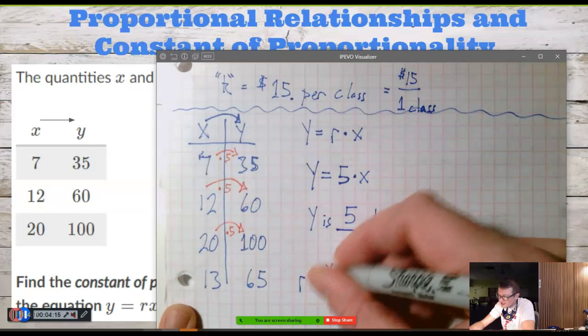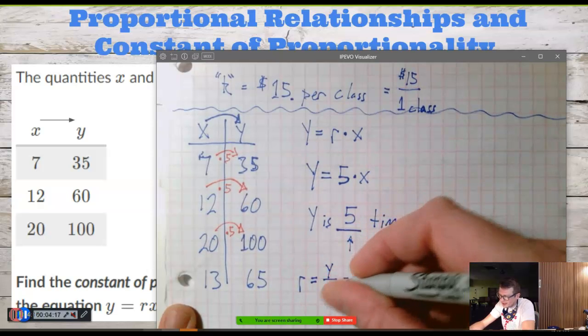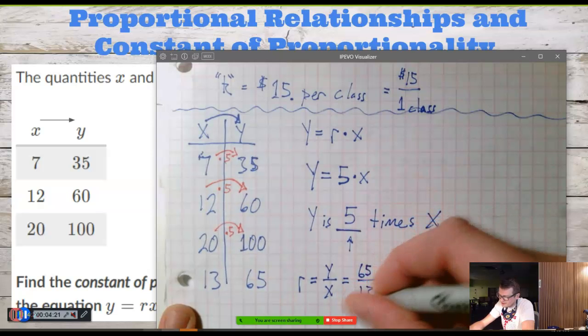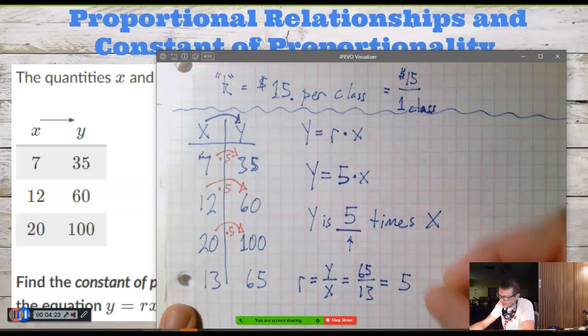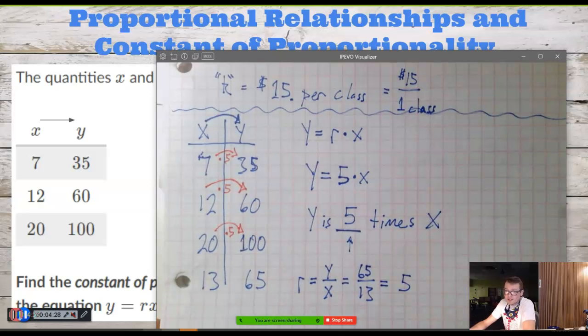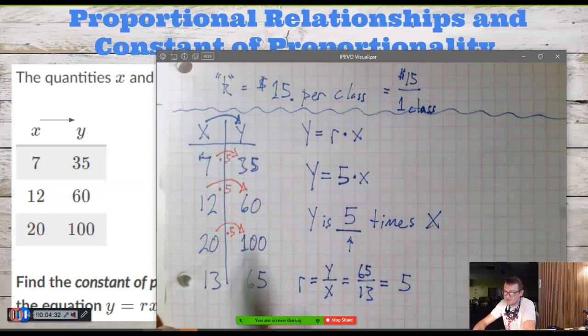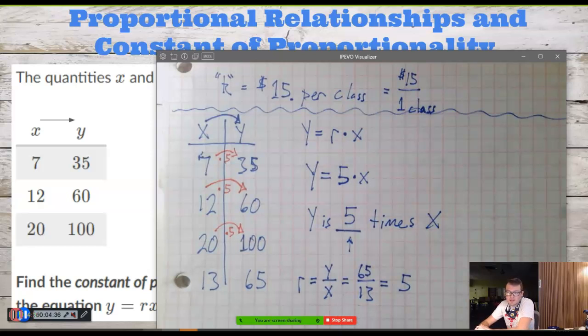Yeah, we can just divide the Y by the X. So if we did 65 divided by 13, that would get 5. So there's a lot of ways. We can look at the table and look at that multiplication. Or we can do the division of Y divided by X.